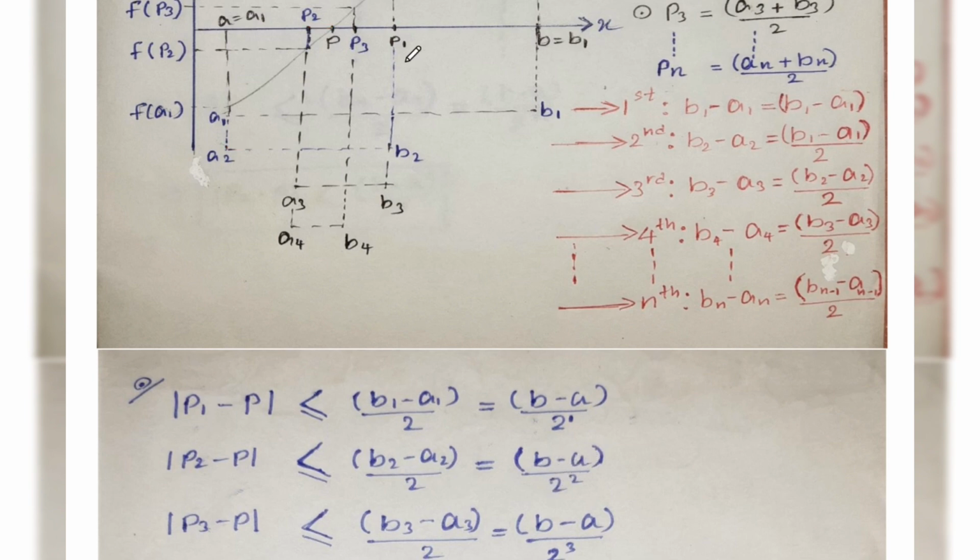Also our third midpoint was p3. Therefore the absolute value of p3 minus p is this distance, and it is less than or equal to (b3 - a3) over 2. It is this distance. Also, I can write (b3 - a3) over 2 is equal to (b - a) over 2 to the power 3.